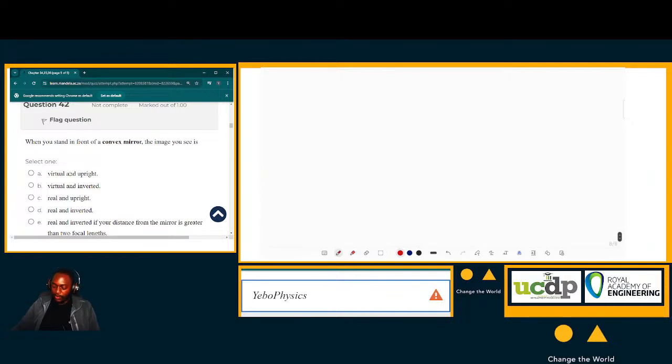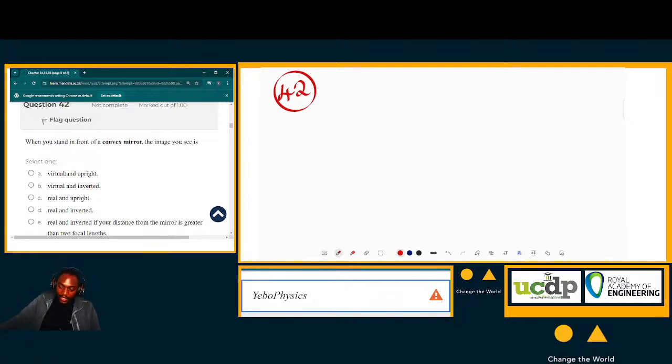Question 42, which will be our last question for today. When you stand in front of a convex mirror, the image you see is, remember, a convex mirror will always cause rays to diverge, and virtual rays converge on the other side.